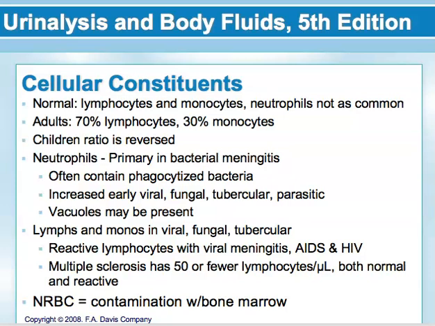Other cells that can be seen in CSF include immature leukocytes, eosinophils, plasma cells, macrophages, increased tissue cells, and malignant cells. If NRBCs are found, this indicates contamination with bone marrow during the tap.